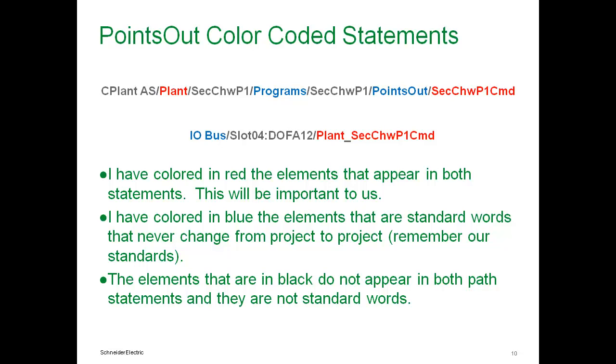And again, you see that red represents elements that exist in both path statements. Blue represents standard words that never change from project to project. And what remains in black are those elements that do not appear in both statements, and they're not standard words.